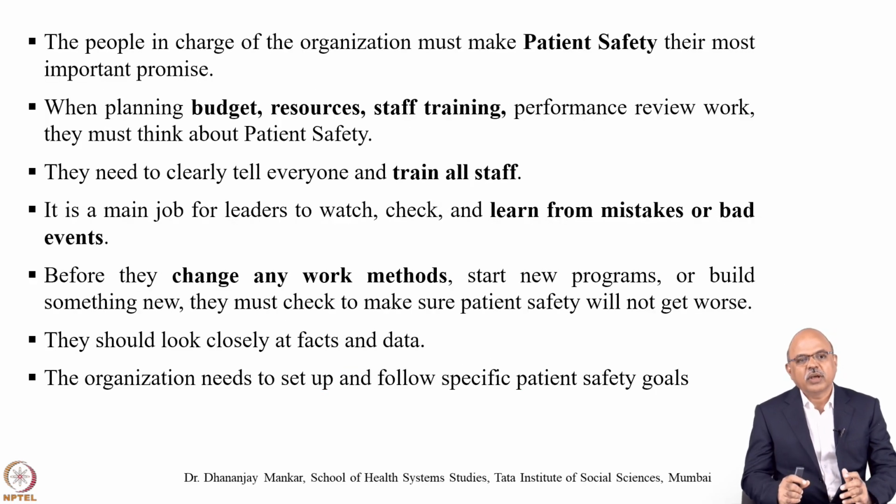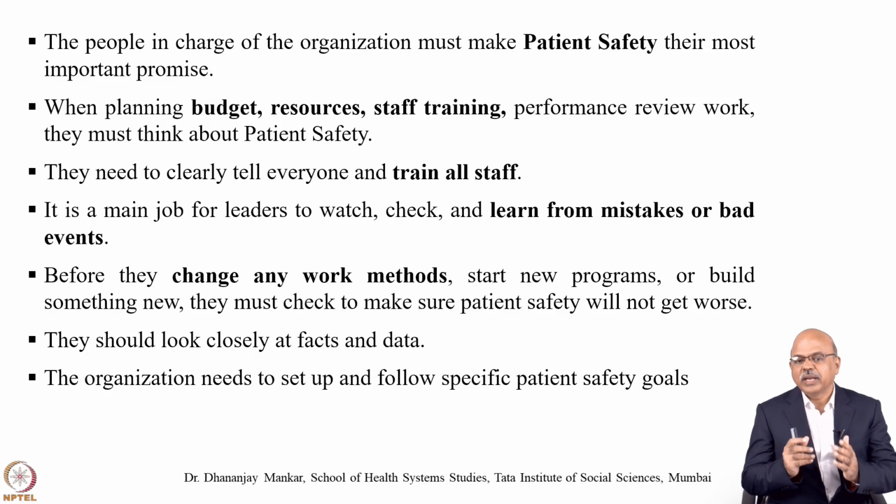The people in charge of the organization must make patient safety their most important promise. When planning budget, resources, staff training, and performance review, they must think about patient safety. They need to clearly tell everyone and train all staff. This is the main job for a leader: to watch, check, and learn from mistakes or bad events.